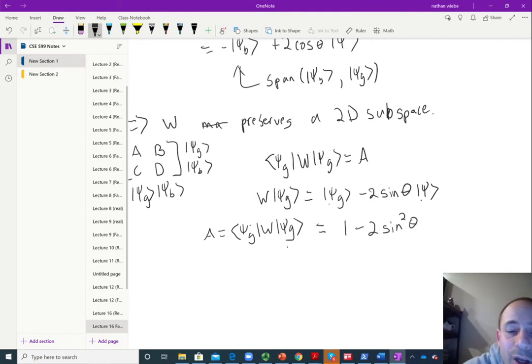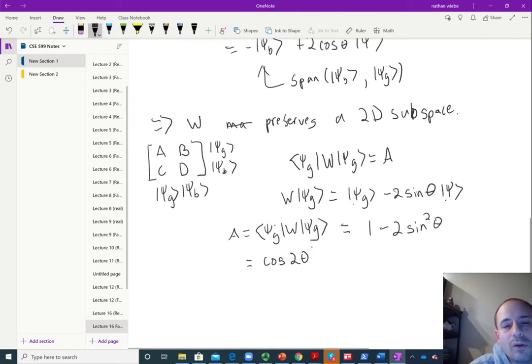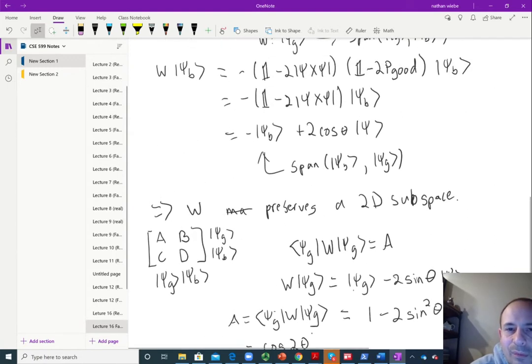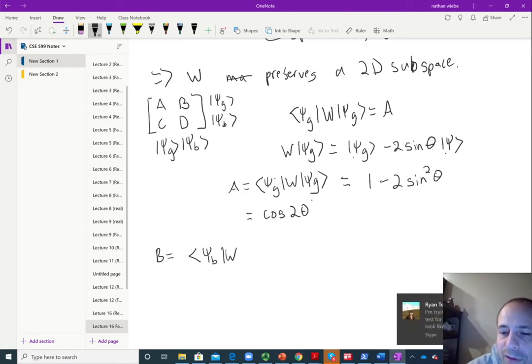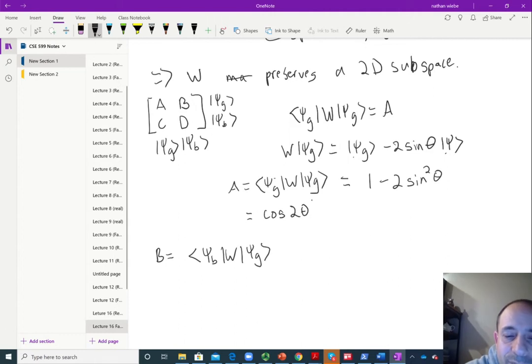For all you trigonometry nerds out there, this can be expressed as cosine 2 theta. So A happens to be cosine 2 theta. Now, let's take a look at what B is. We have B equal to psi b W psi g.